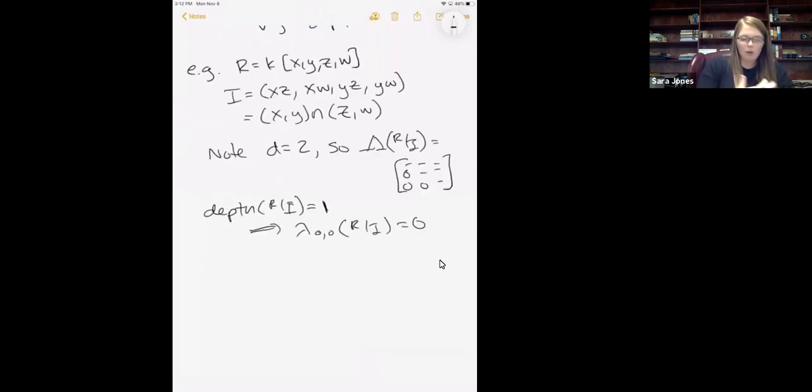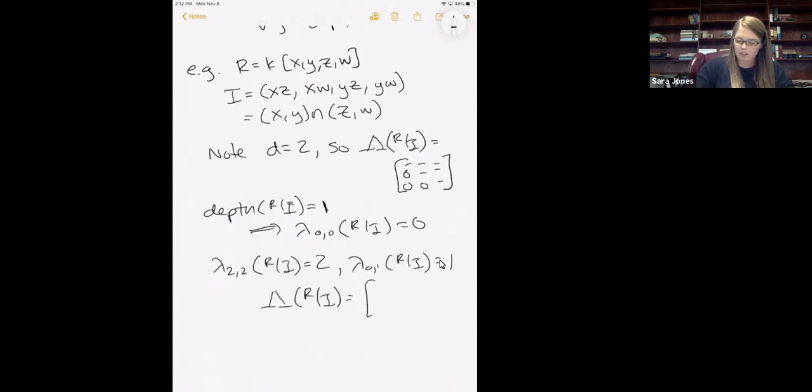And then I won't go through the details, but you can use some standard local cohomology techniques to calculate the other two non-trivial ones, which is the highest Lyubeznik number, which ends up being 2, and the 0,1 Lyubeznik number, which ends up being 1. And then again, using local cohomology techniques, you can get 0 for all the others. And so we see this Lyubeznik table is given by this matrix.